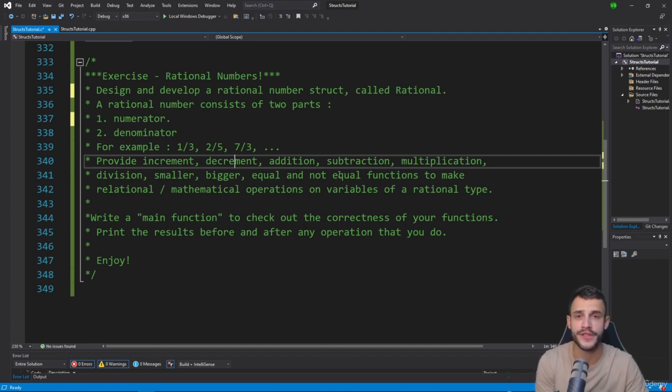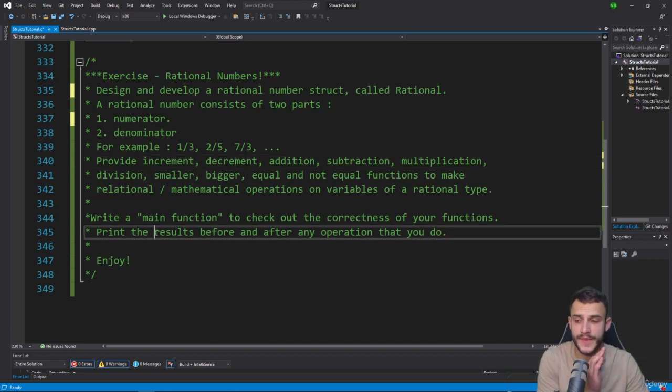Thank you guys for watching, and give it your best. Even if it takes you a couple of hours, try to solve this exercise on your own. Write down all the functions. Make sure that your results are correct, and test the actual value of the rational variables that you create before and after any operation.